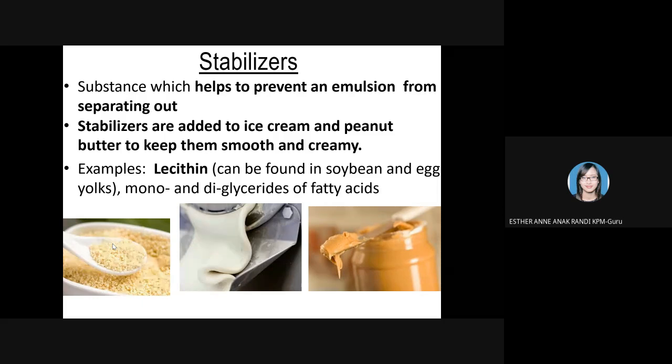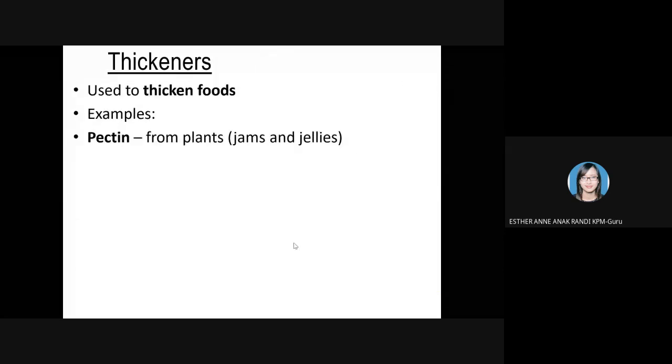So they are added to ice cream and peanut butter to keep them smooth and creamy. One example is lecithin.